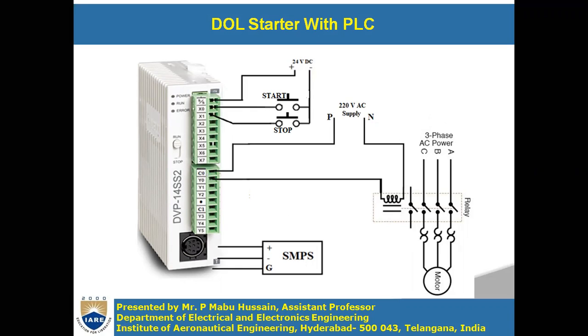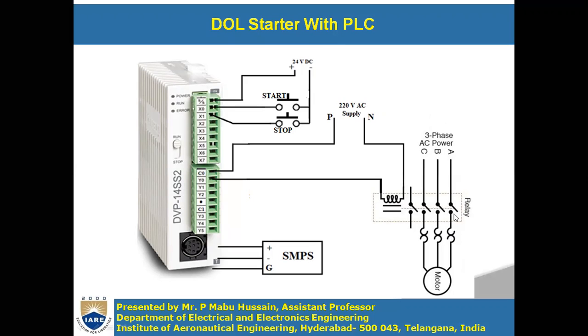Now you have to write the program. What is your aim? Whenever you press the start button, this coil has to get the 220 volt supply, so that all the 4 poles here will be closed, but one pole is not connected to anything. Only 3 poles will be used from the contactor to the motor.